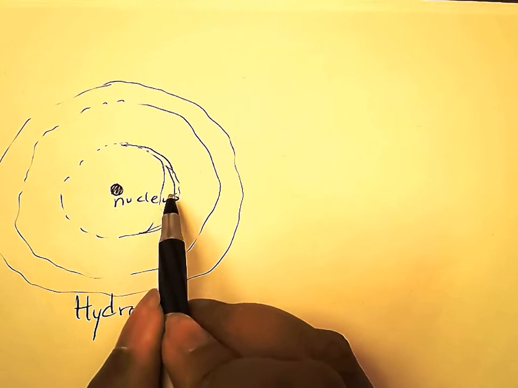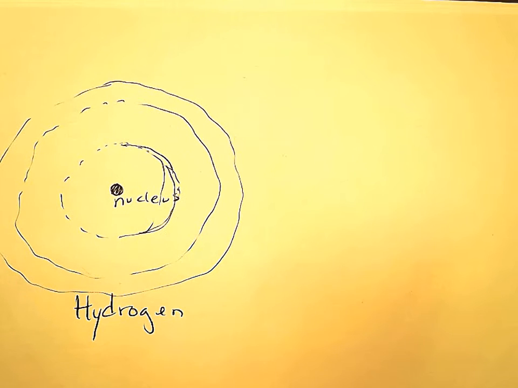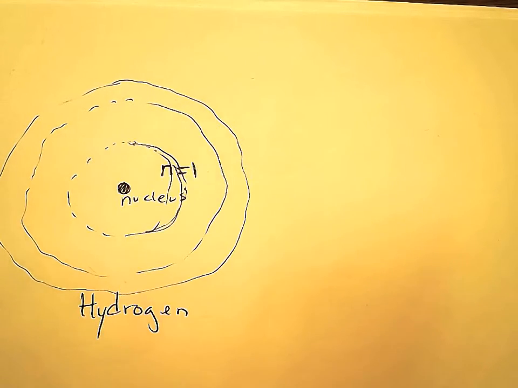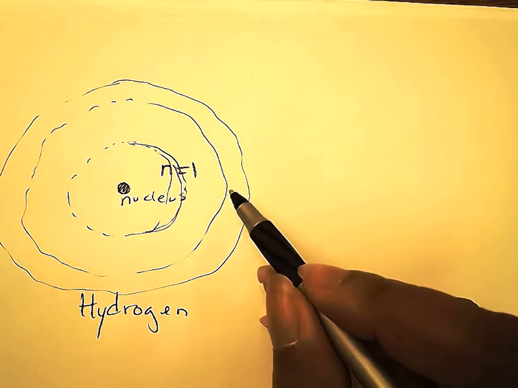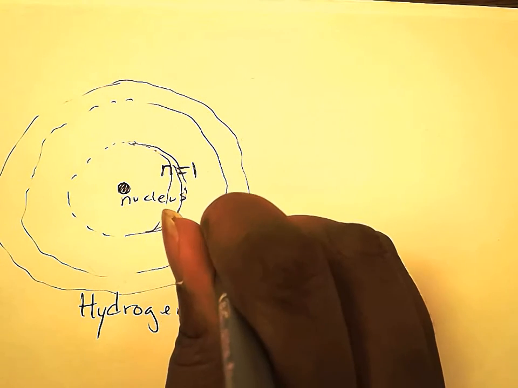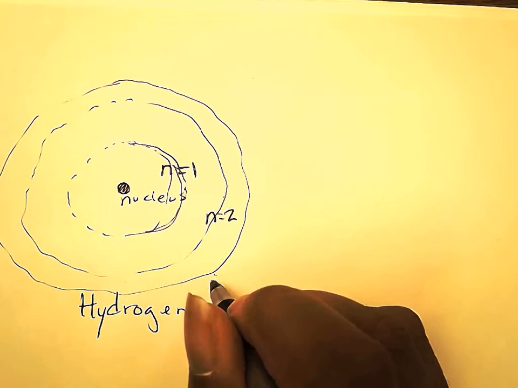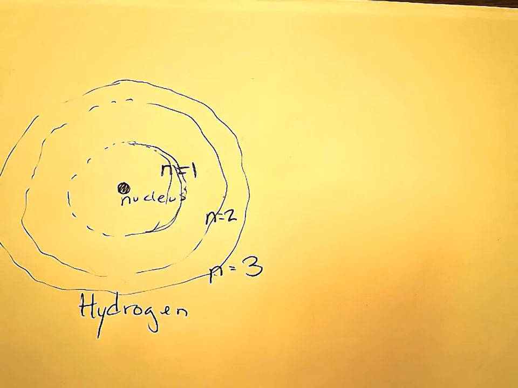What do we call this first energy level if you want to use quantum numbers? This is N equals 1. And what is the second one called? N equals 2. And this one here? N equals 3, so on and so forth.